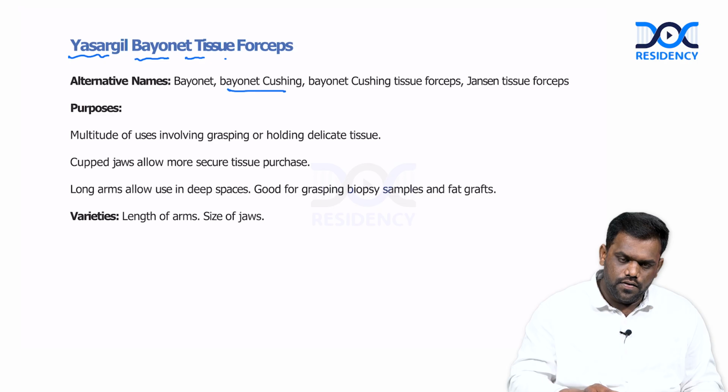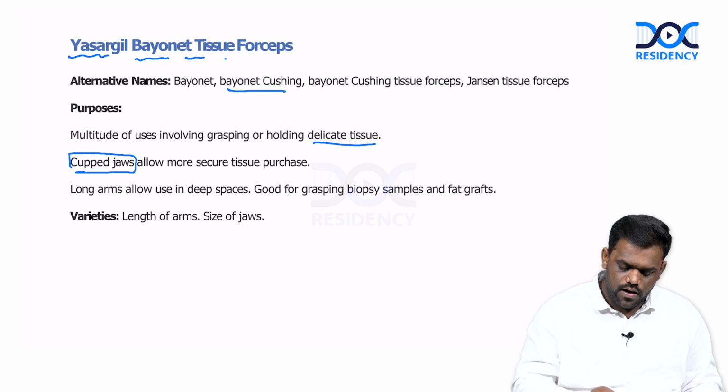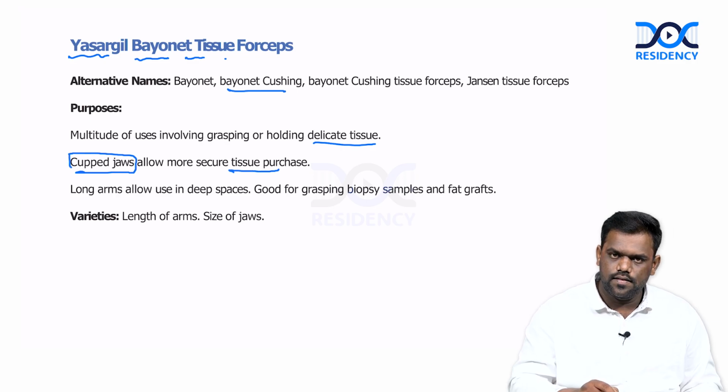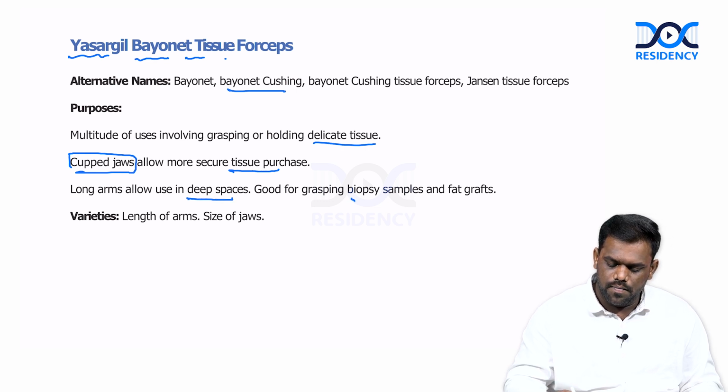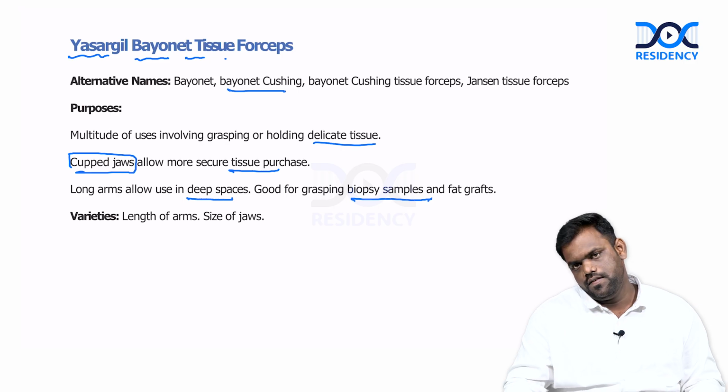It has a multitude of uses involving grasping and holding delicate tissues. Its cupped jaws allow secure tissue purchase, especially when you are holding a tumor. The cup will hold the tissue, and its long length allows use in deep spaces, good for grasping biopsy samples and fat grafts.